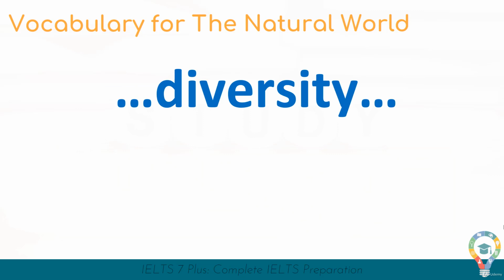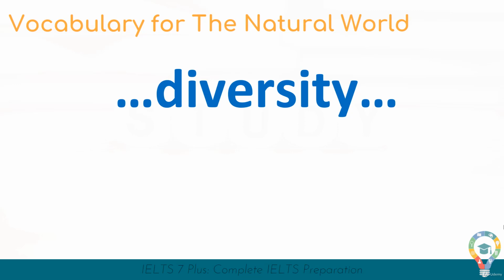And here we have diversity. Diversity means many different types of something. So it can be used for a few different things, but in terms of the natural world, in diversity, we mean animals and living things that have slightly different characteristics, but often in the same species.